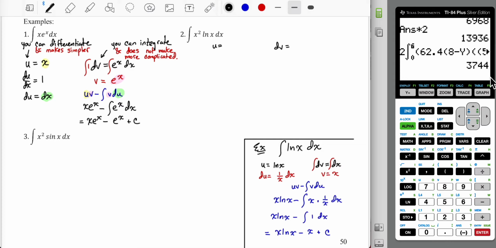All right. So ln of x, if I differentiate that, 1 over x dx, that's going to make things simpler. I'd rather work with a 1 over x than an ln of x, if possible. All right, the dv would then have to be x squared dx. When I integrate that, 1/3 x cubed.